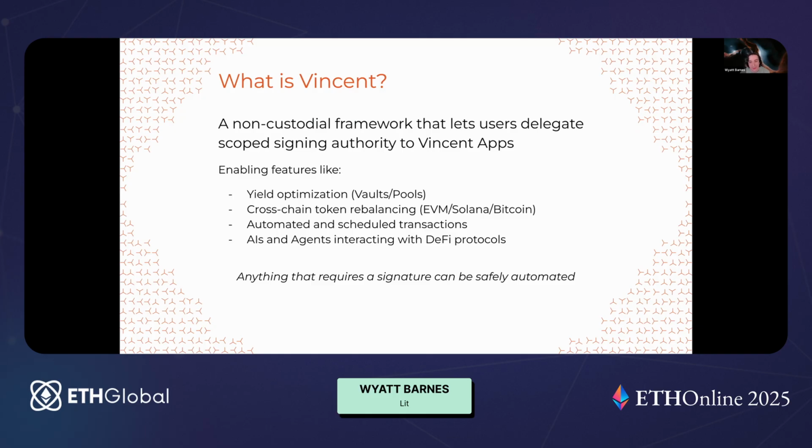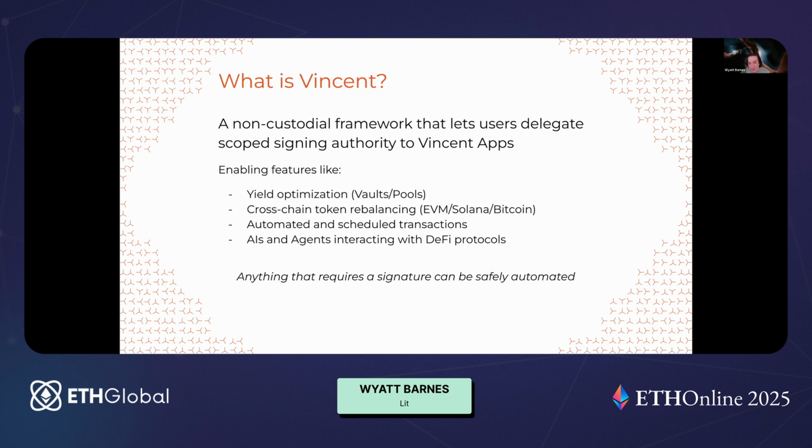And when you delegate, you're doing that on chain. You're not handing over your private keys as a Vincent user. And so the Vincent delegation platform basically allows these Vincent apps to sign transactions on your behalf to be able to execute things on chain without you having to be in the loop, without you having to click the button to say, yeah, I'm signing this.